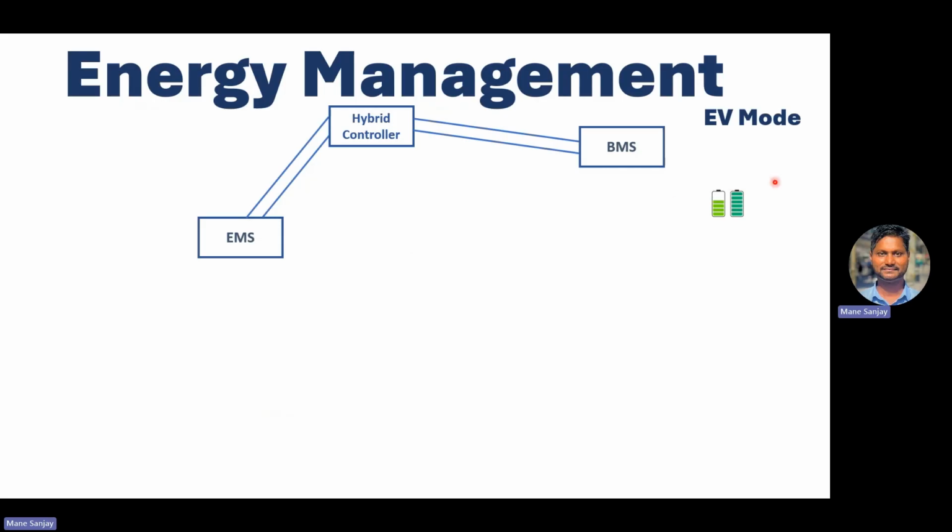When I say EV mode, that means the battery is sufficiently charged and has a good amount of energy, either fully charged or a good state of charge. What counts as a good state of charge depends purely on the type of battery, whether lead acid or another type.